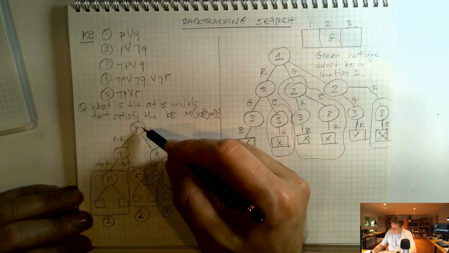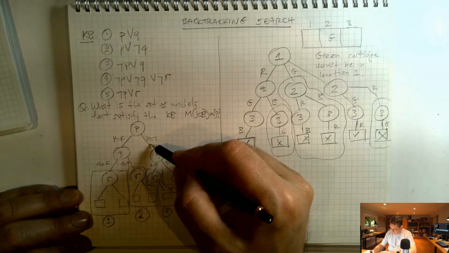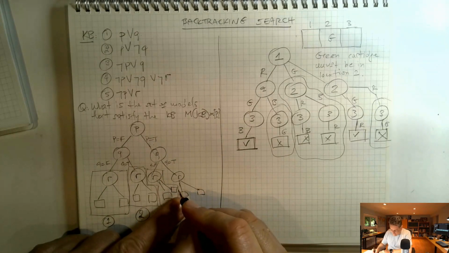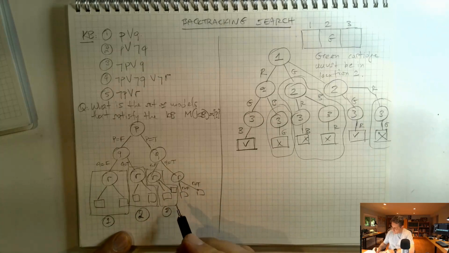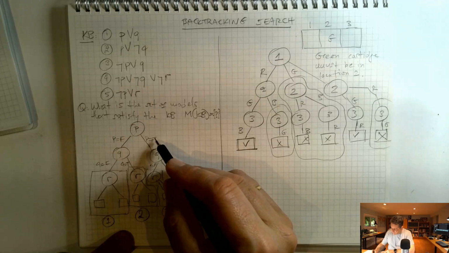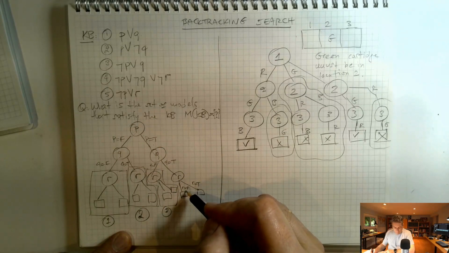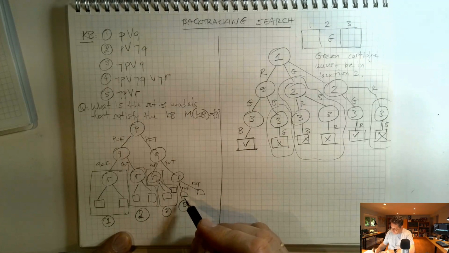This branch involves P equal to true, and R, actually I forgot to write it and now it's becoming important, R is equal to false here, and R is equal to true on the other branch. For this one, the assignment true for P and false for R is not going to be satisfied because of sentence 5.